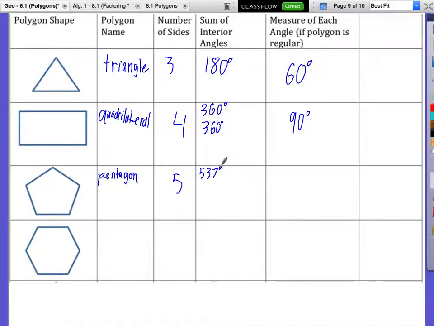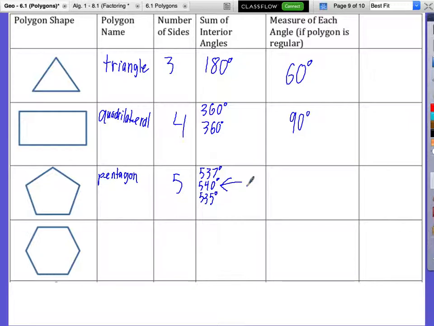Aubrey, 540. Riley, 535. Okay, so are they all pretty close to the same thing? Is that pretty natural to get a little bit off with human error, especially with how small these are and having to extend the sides? I'd say human error is natural there, but I would go with 540. That's the one I'd write down.